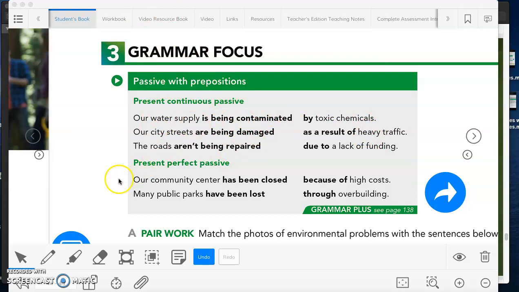Then we have the present perfect passive. Our community center has been closed because of high costs. Many public parks have been lost through overbuilding. As you can see, our community center is third person singular. It has been closed.